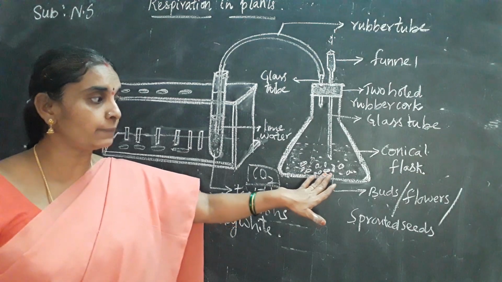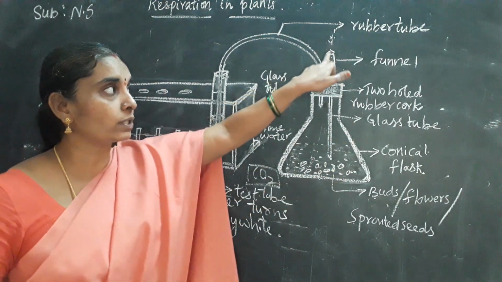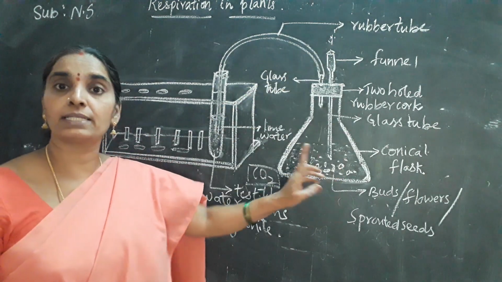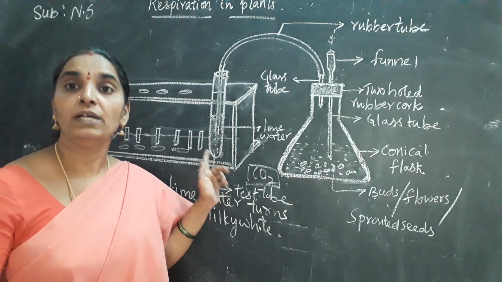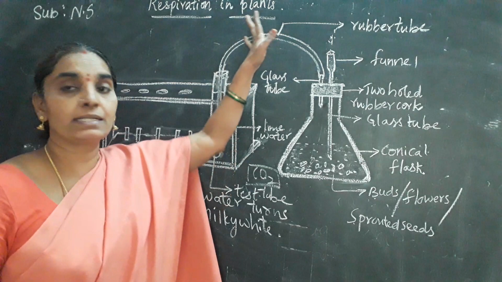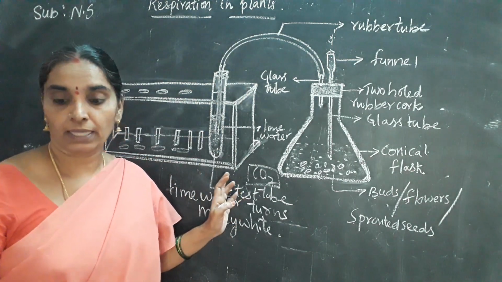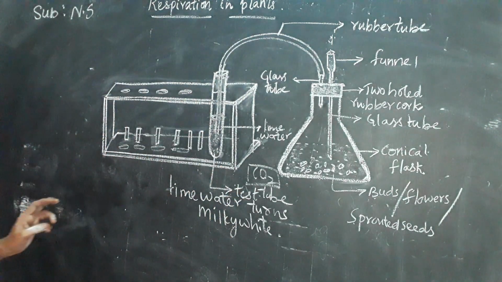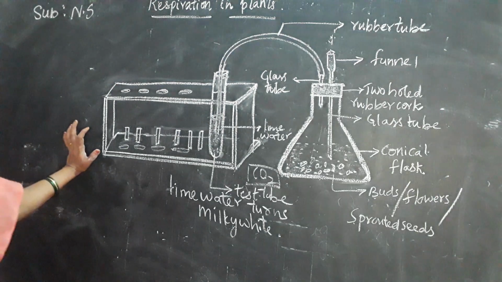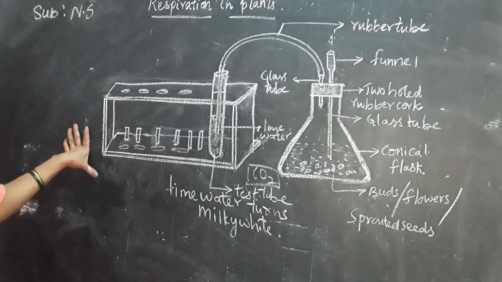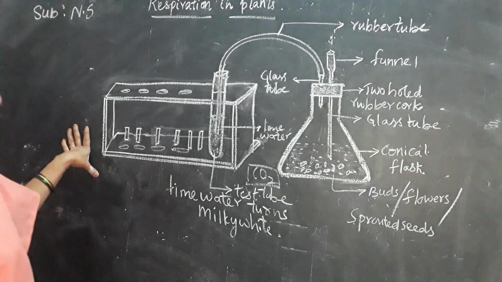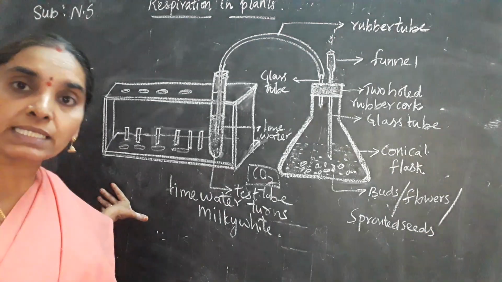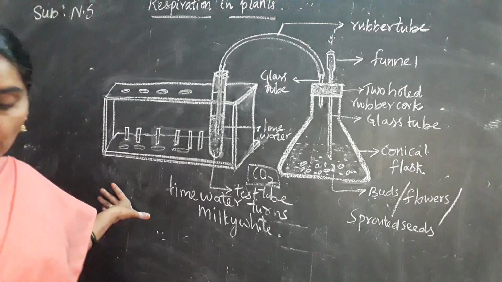When you add the buds or flowers and add water drop by drop in the funnel, you can see the change in the color of the lime water present in the test tube. From this, we can understand that plants also respire. We cannot see this directly, but through experiments it can be found, though it takes time to see this change of color.